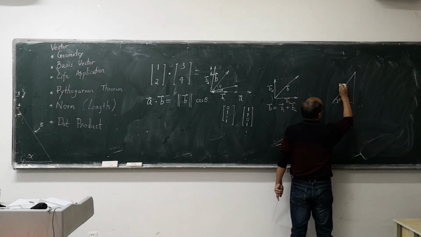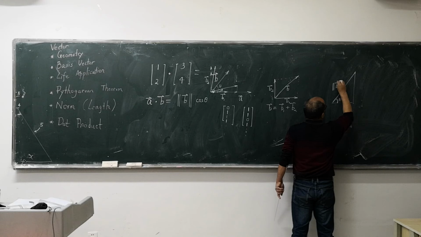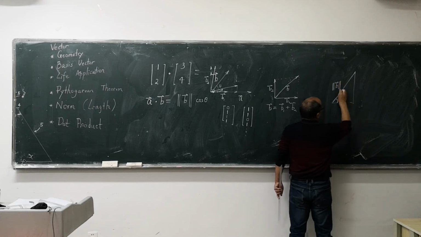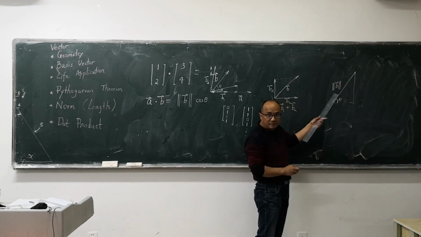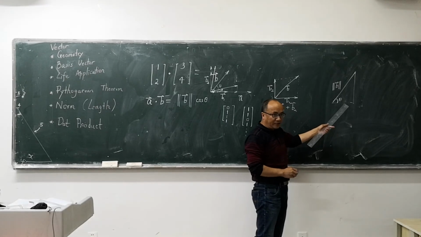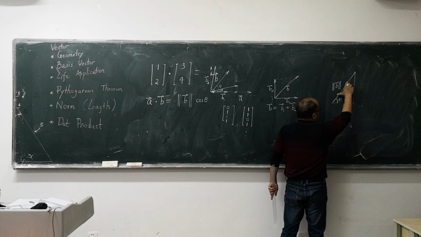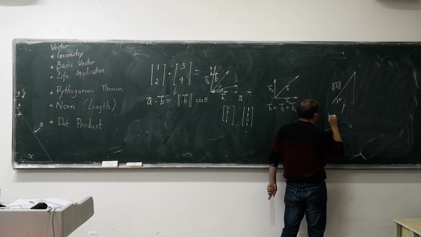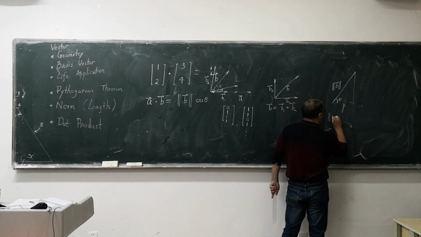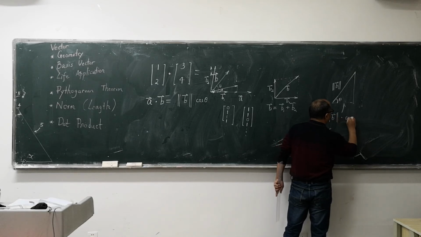This is the B length. What's here? Here is this length times the cosine theta.